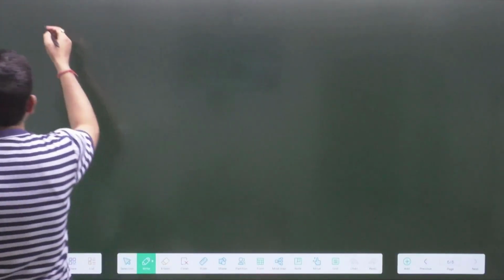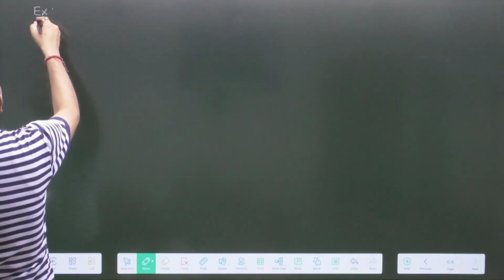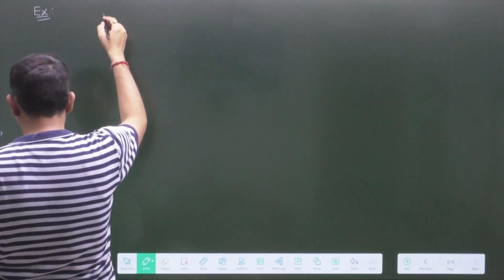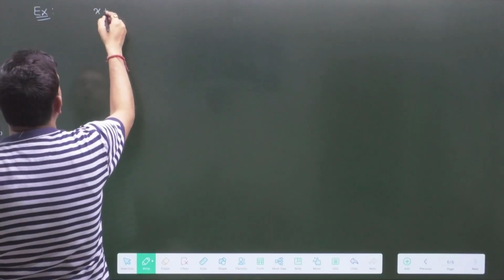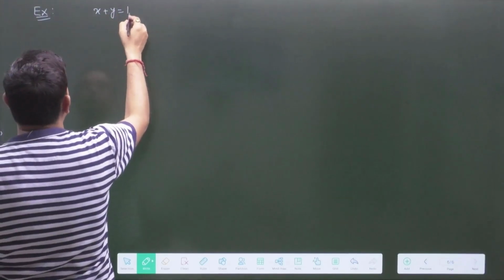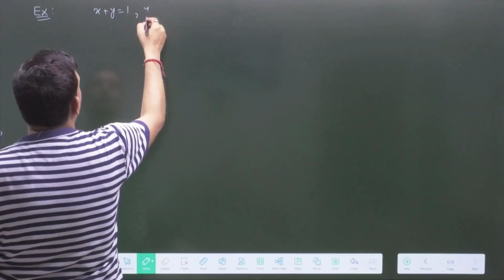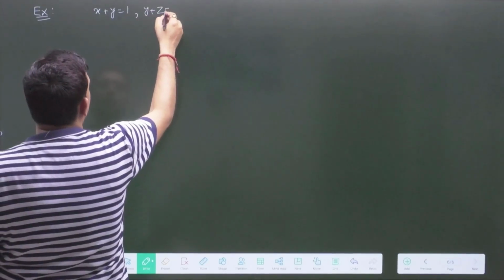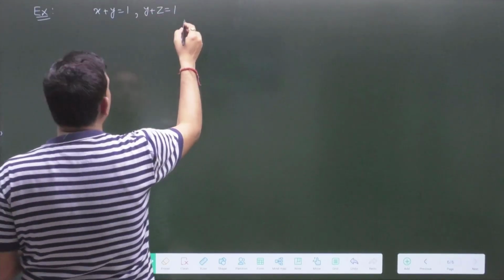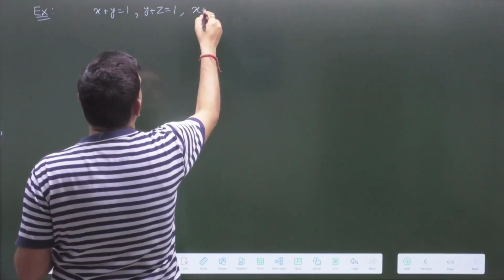One last example. Equations are given as x plus y is equal to 1, y plus z is equal to 1, and x plus z is equal to 1.